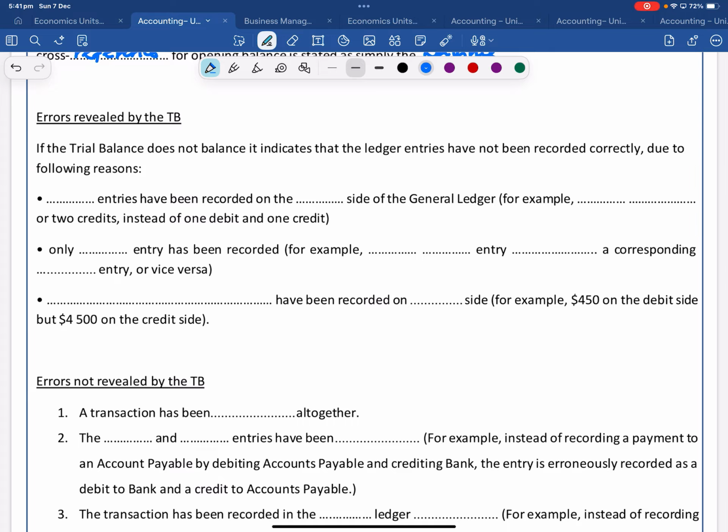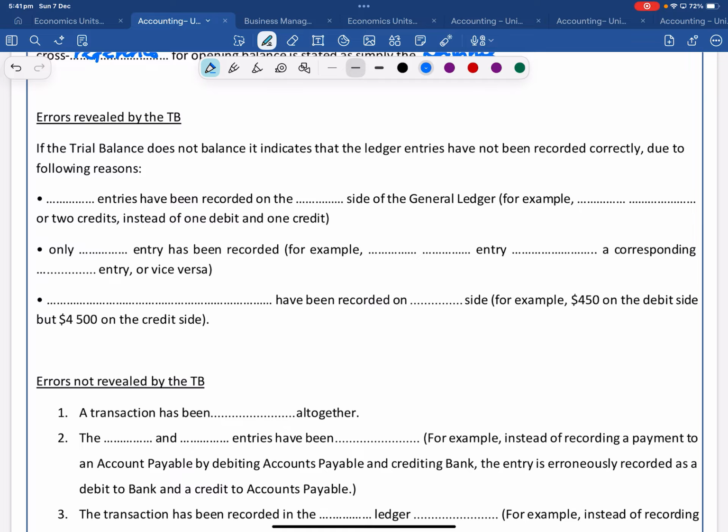Now, trial balance. When your trial balance balances, does that mean everything is perfect? What's the functionality of the trial balance? To see the ledgers, the debits are equal to credits.